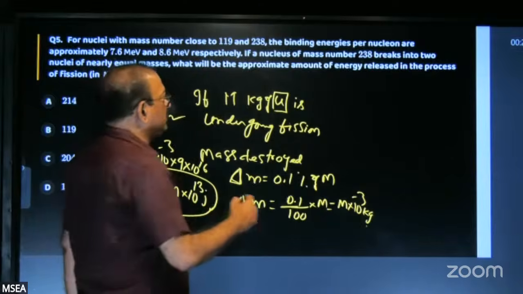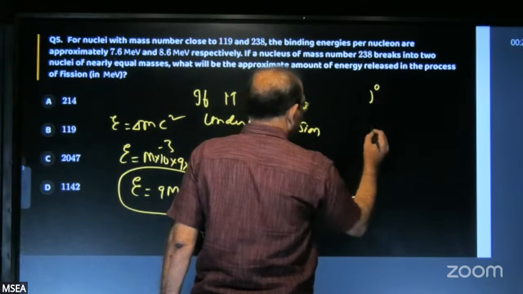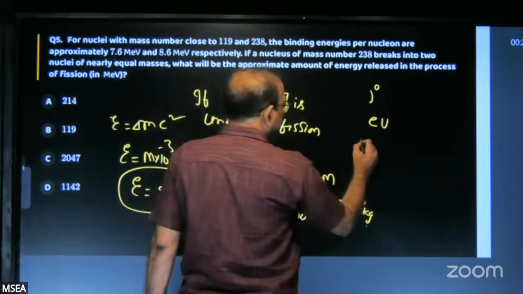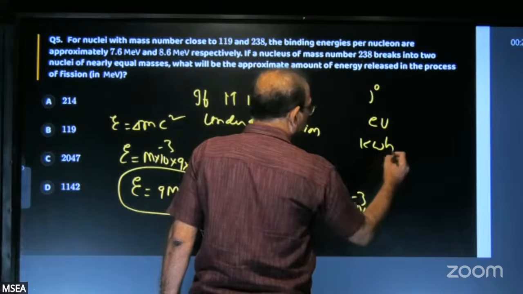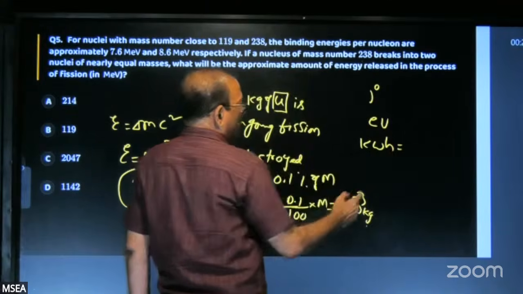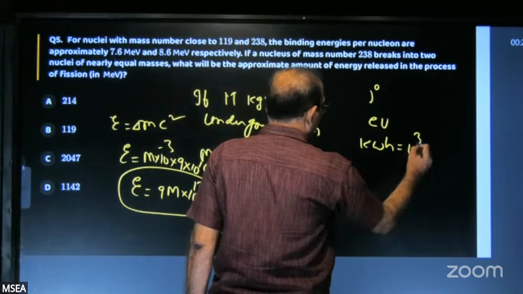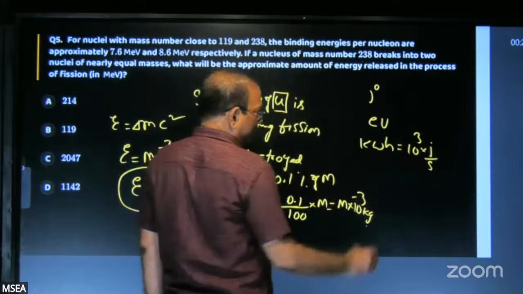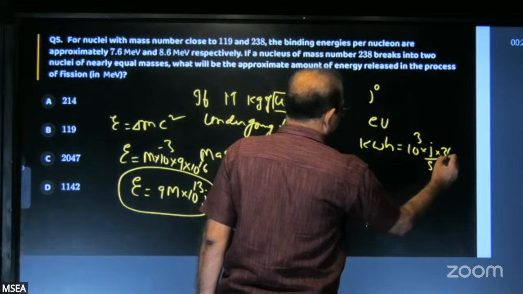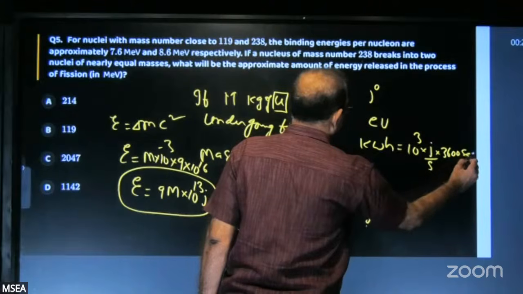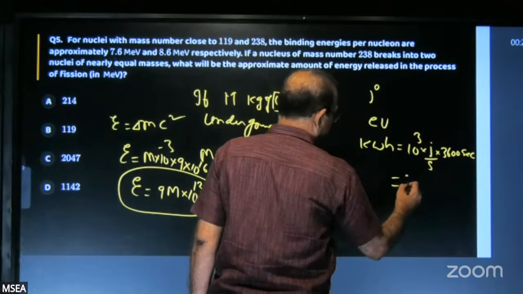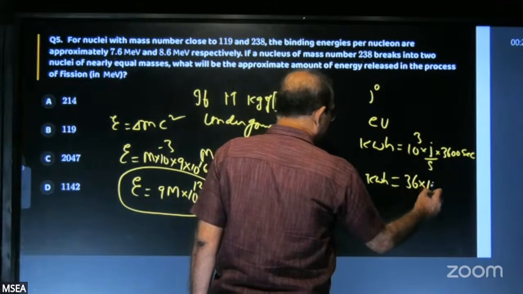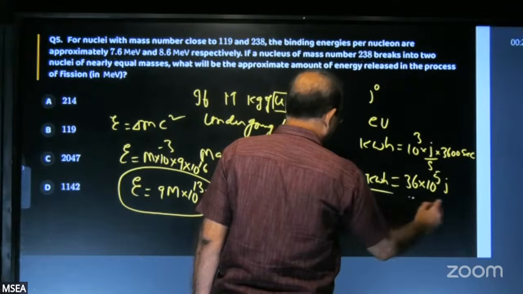One more thing. This energy, sometimes they express in joule, sometimes in electron volt, million electron volt, sometimes in kilowatt hour. Remember that. Kilowatt hour: kilo is 10 power 3, watt means joule per second, hour means 3600 seconds, seconds cancel. 1 kilowatt hour means 36 into 10 power 5 joule.